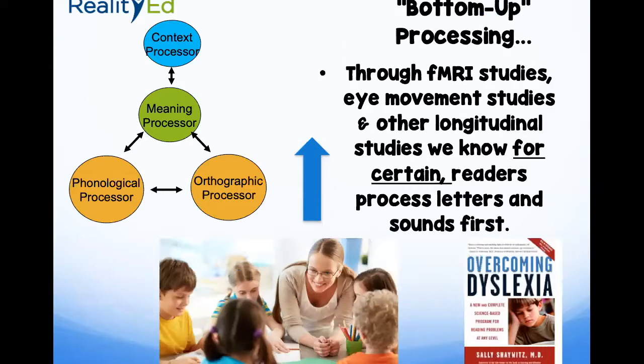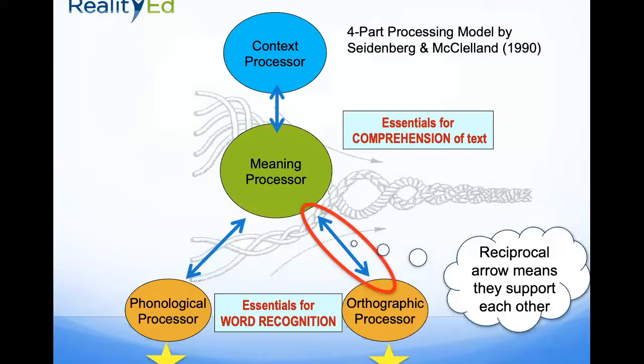So the orthographic processor and the phonological processor are interacting. And so that is that sound and symbol connection. We know that that's very important. And for many students, this is the earliest sign that they are going to struggle with reading and they could be dyslexic. You may have screeners in place at your facility that examine different parts of this four-part processing model.